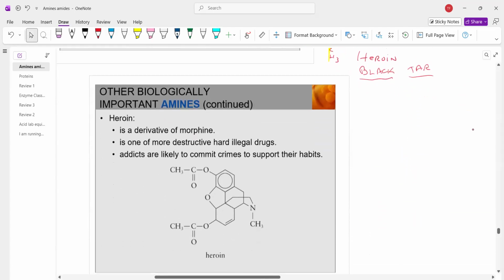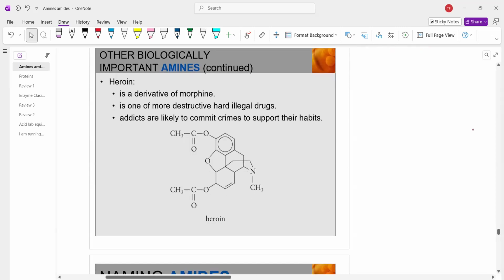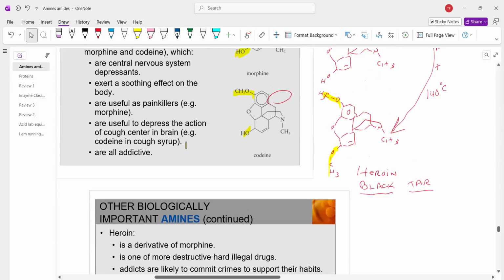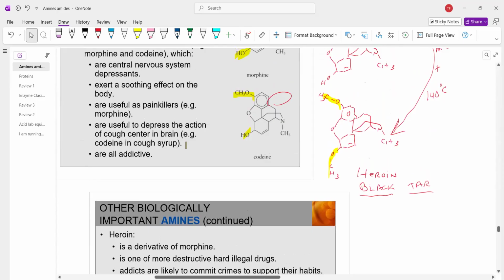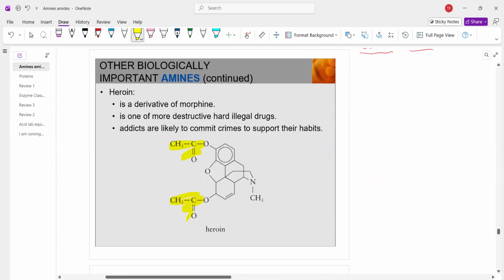Okay, so let's go on. Here's the heroin right there, and here are the, actually, these are esters.